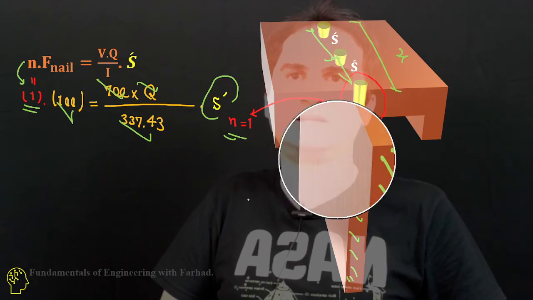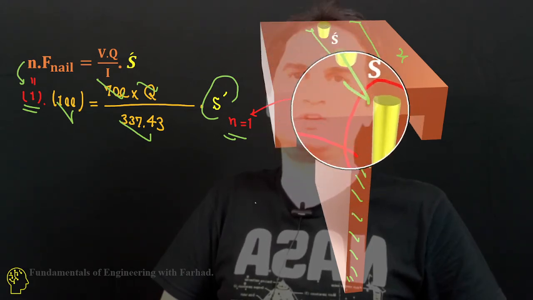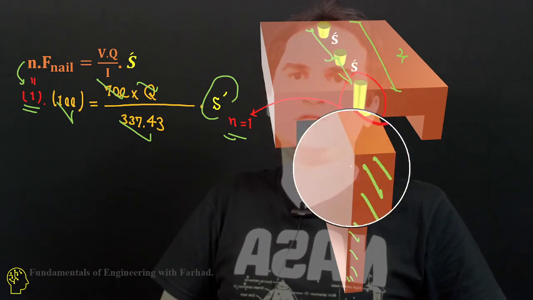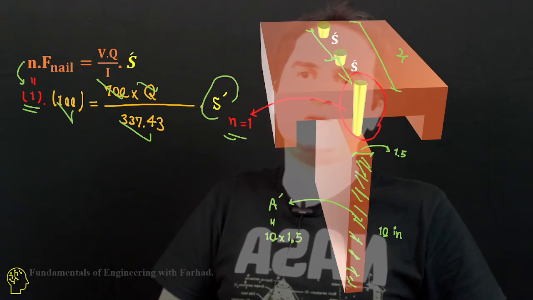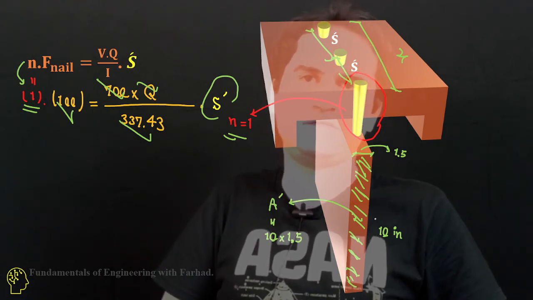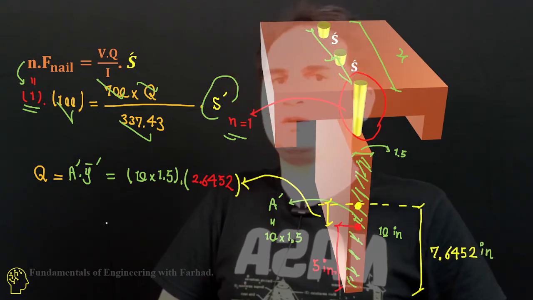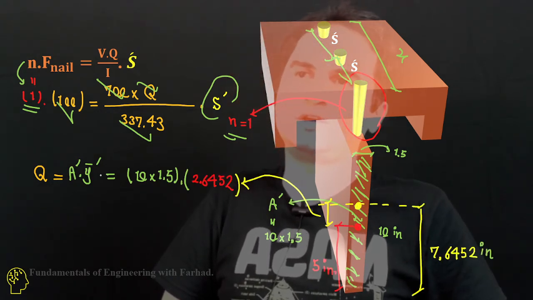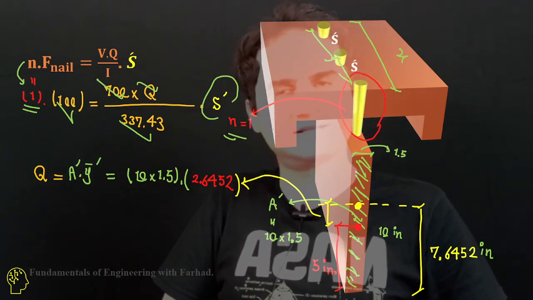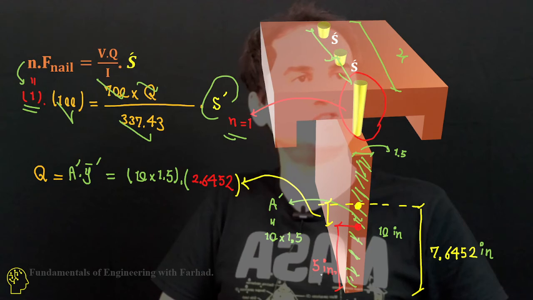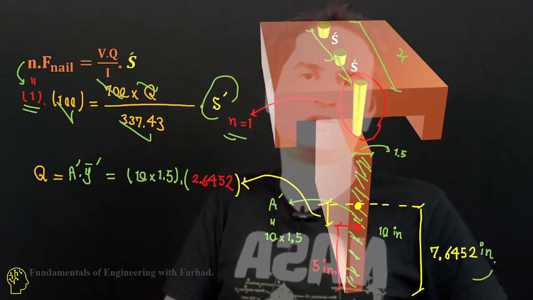This is the connection of flange and web with each other, and one nail is responsible for this cross-sectional area. If we call that A prime, that's the height of the web times the thickness, so that's 15 inch squared. And y bar prime is the distance of the centroid of the web. It's 5 inches from the bottom, and the centroid for the entire system we already calculated.